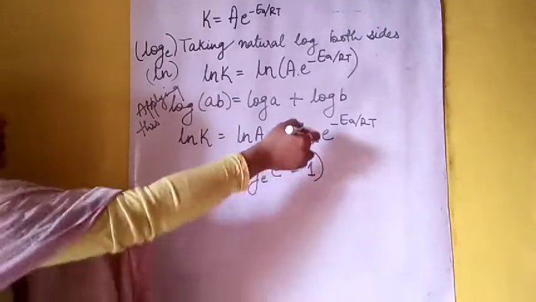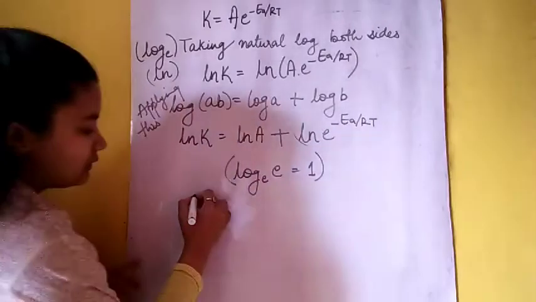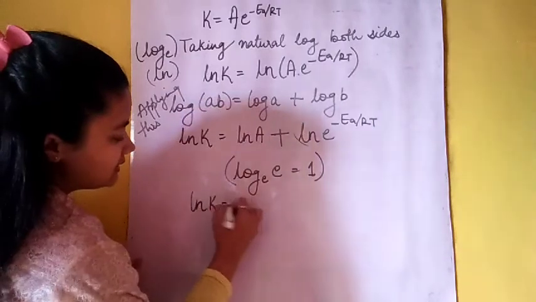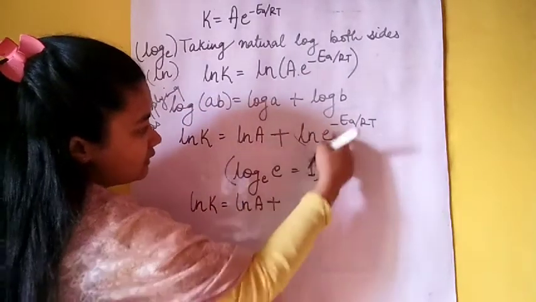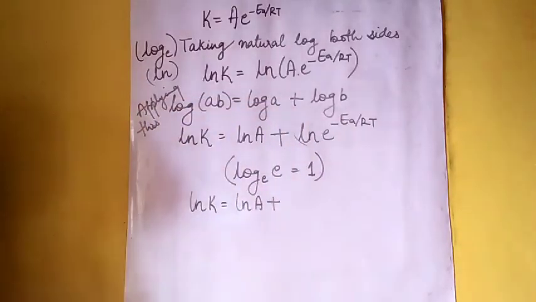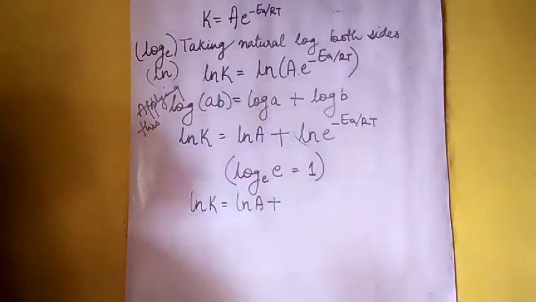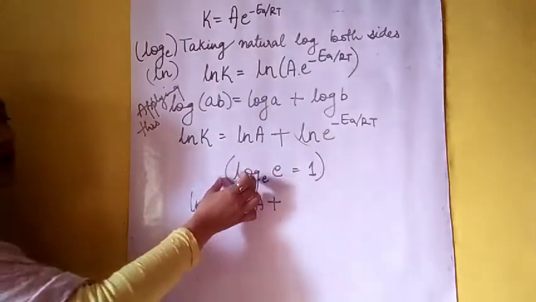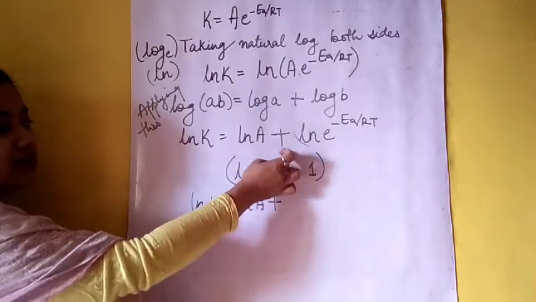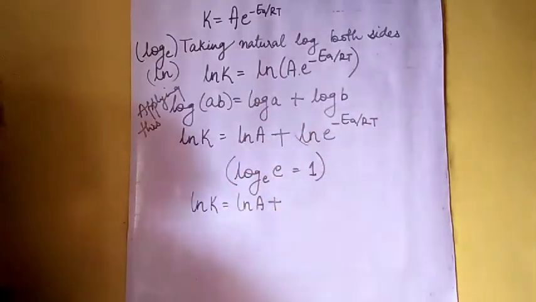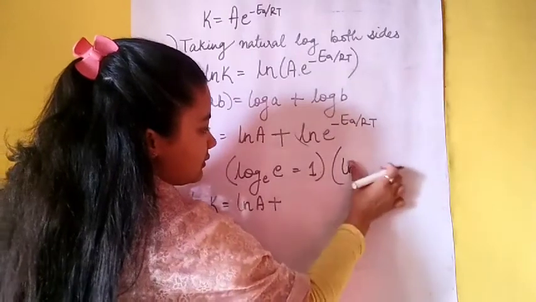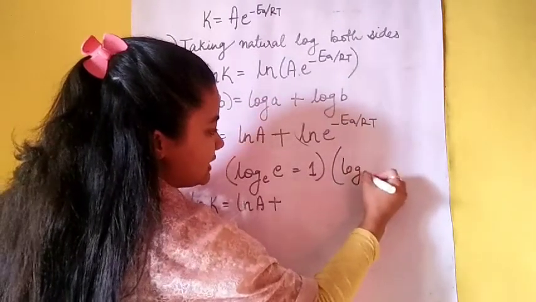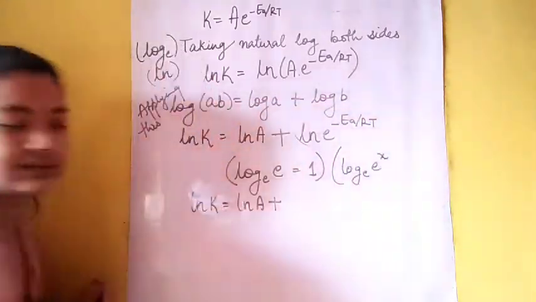So now put the value here. So it will become ln K is equal to ln A plus, now this is 1. And always remember, when we are using log with respect to a power, the power will shift forward. If this is log base e to the power x, right?